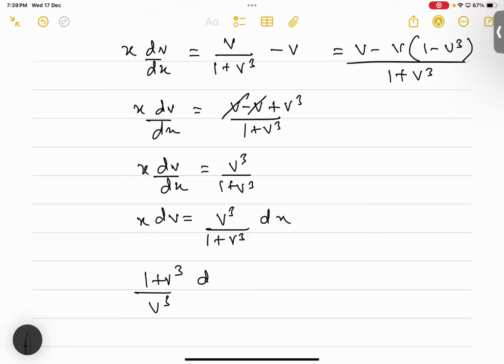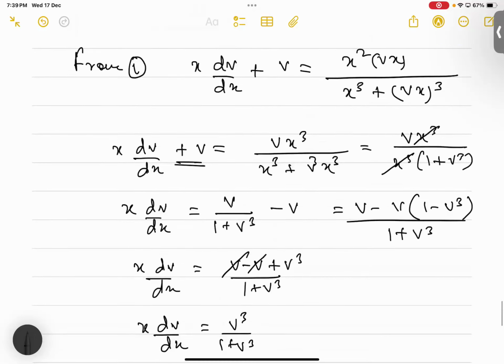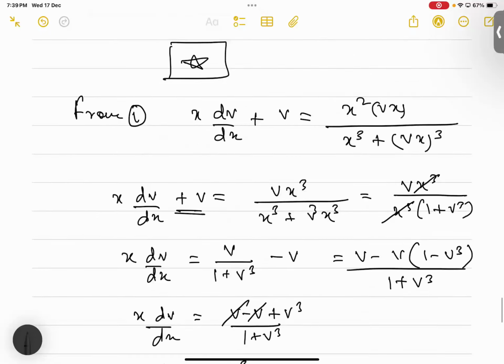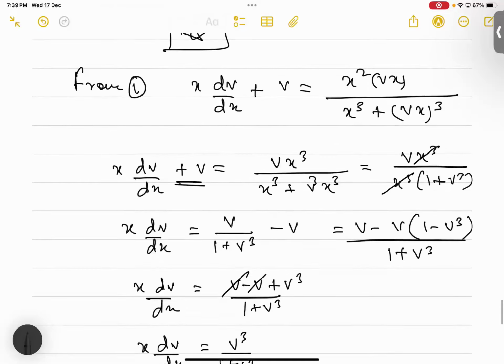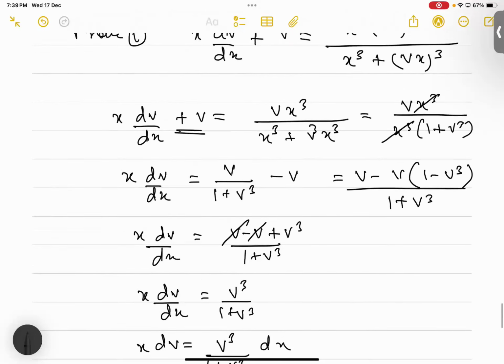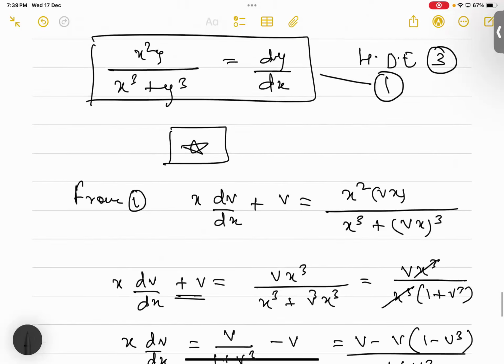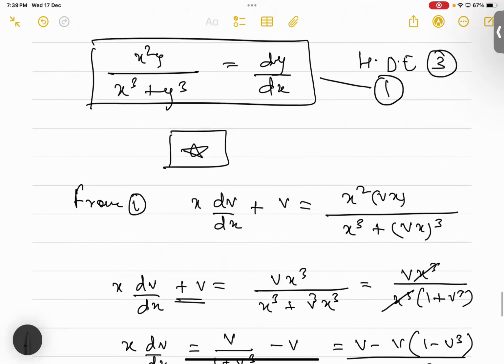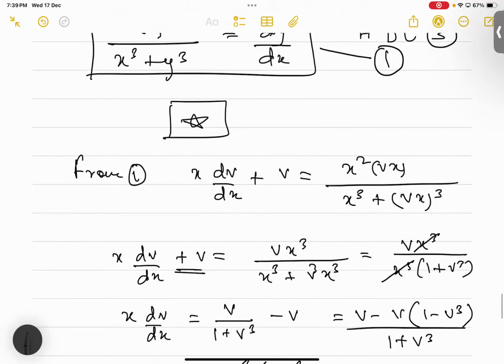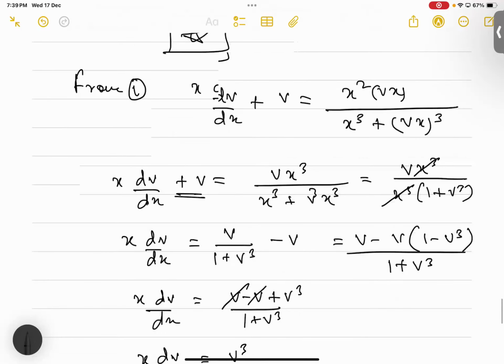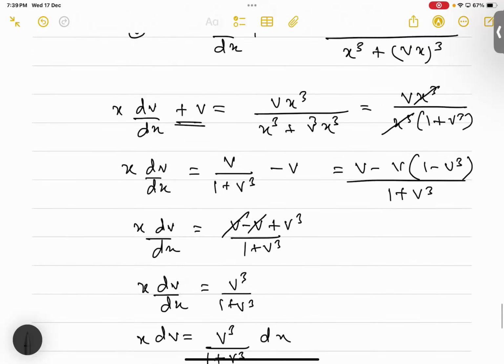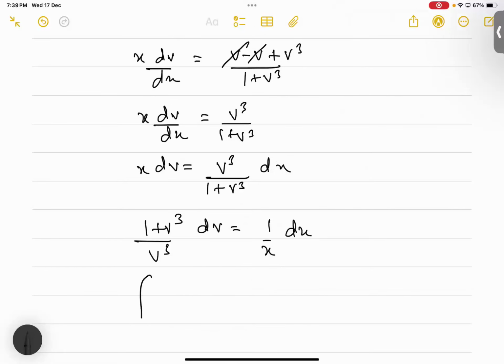I'm feeling something is missing over here. Are the steps correct? x cube plus y cube. Steps are correct, right? Integration.